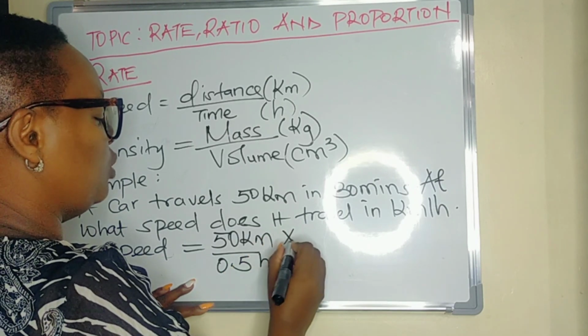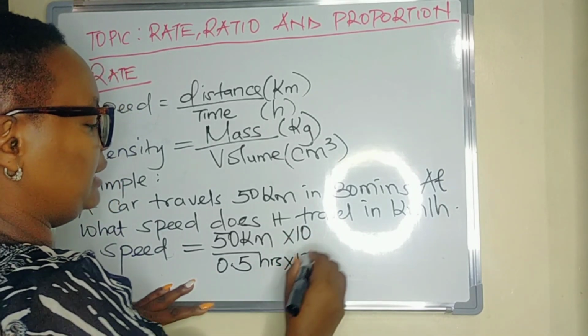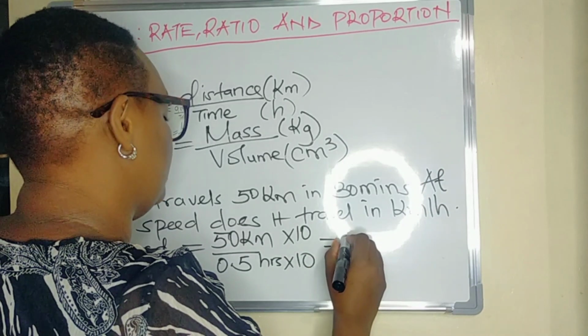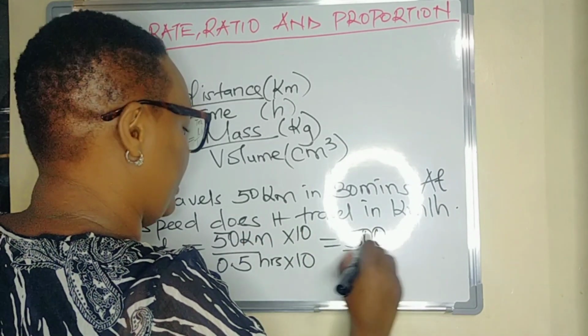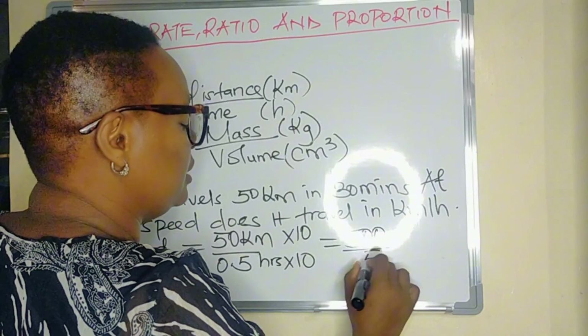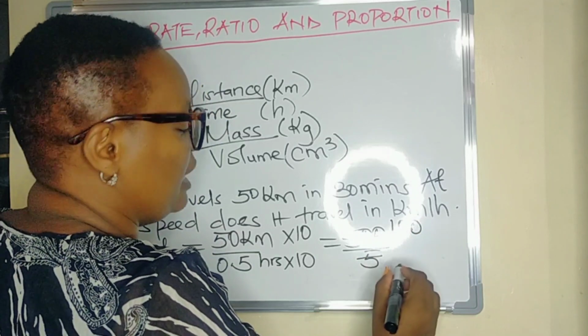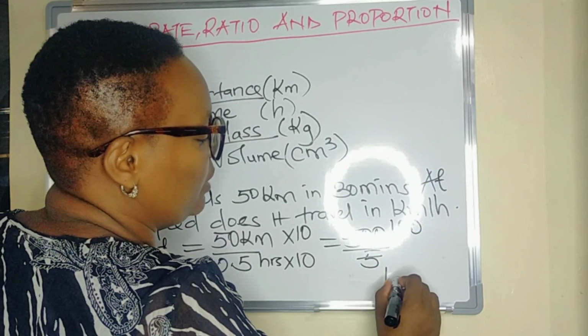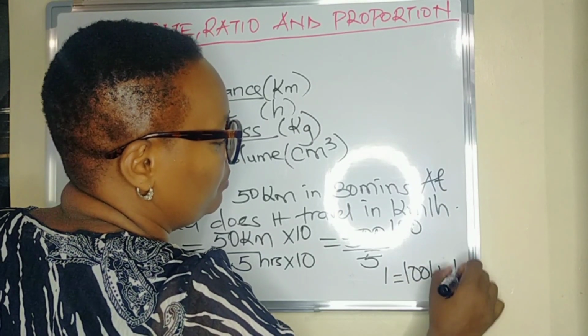Let's remove the decimal by multiplying the numerator and the denominator by 10. So this is equal to 500 divided by 5, which is 100. Therefore, the speed for this car will be equal to 100 kilometers per hour.